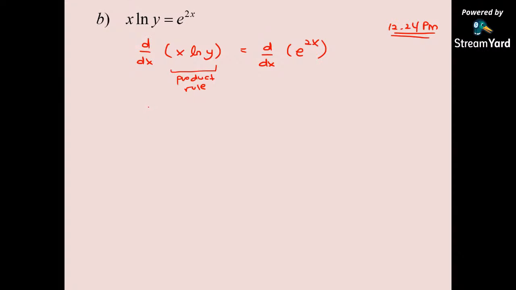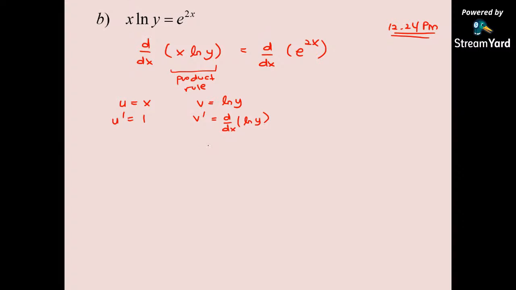Okay, so like I told you before, we are going to use the product rule. So u is equal to x, v is equal to ln of y. Okay, so now we're going to differentiate them. So u prime is equal to 1, but for v prime, you should be extra careful because we are differentiating ln of y.